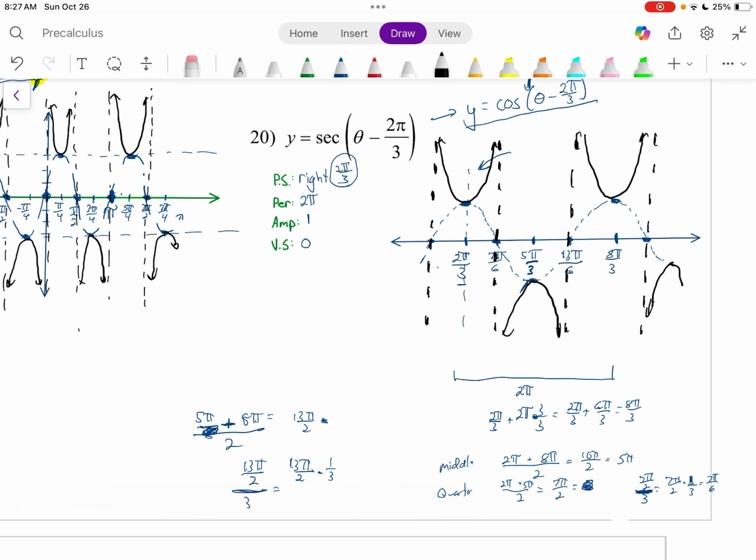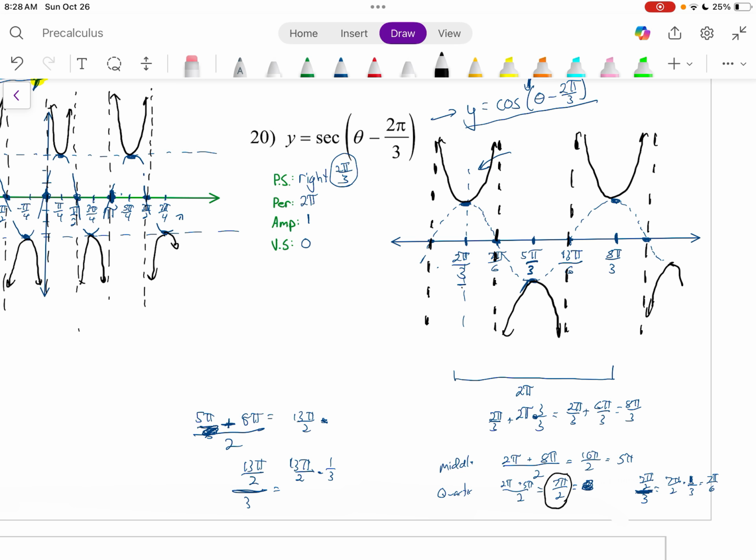It would be good to get our y-axis in here. I'm trying to look for something in my work here. 7 pi over 2, that was our halfway point. That gave us 7 pi over 6. So this is 2 pi over 3.